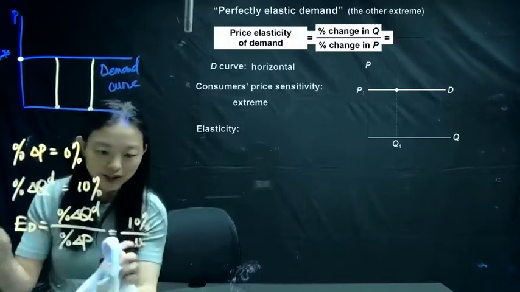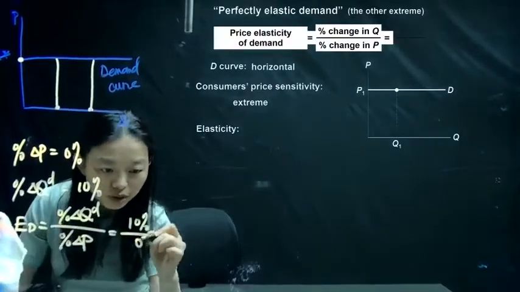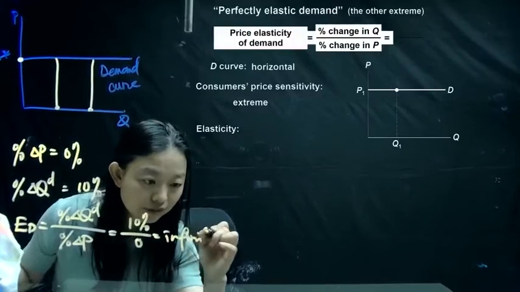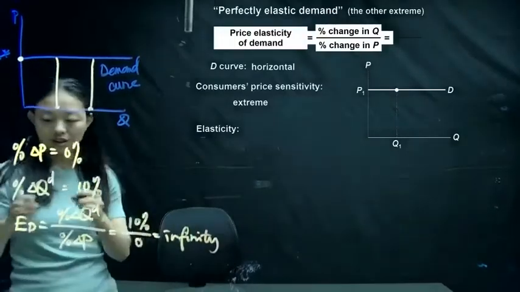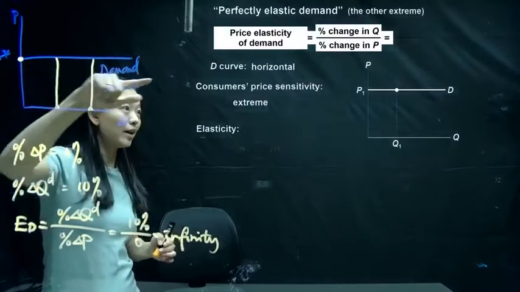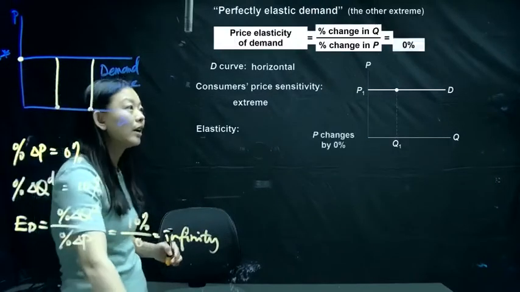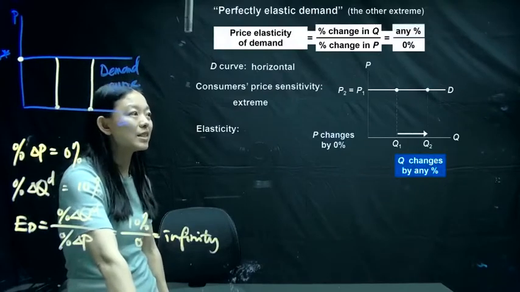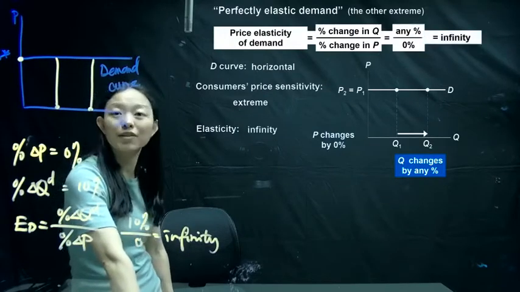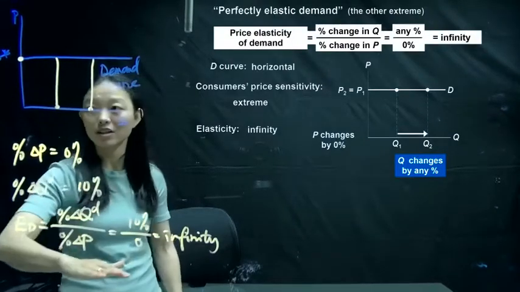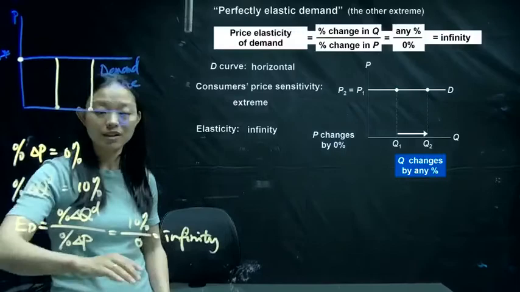Something divided by 0, what happens? It will equal infinity, right? So you can see if the demand curve is a horizontal line, then the price elasticity will actually become infinity. And this type of price elasticity we will say is perfectly elastic. Perfectly elastic.